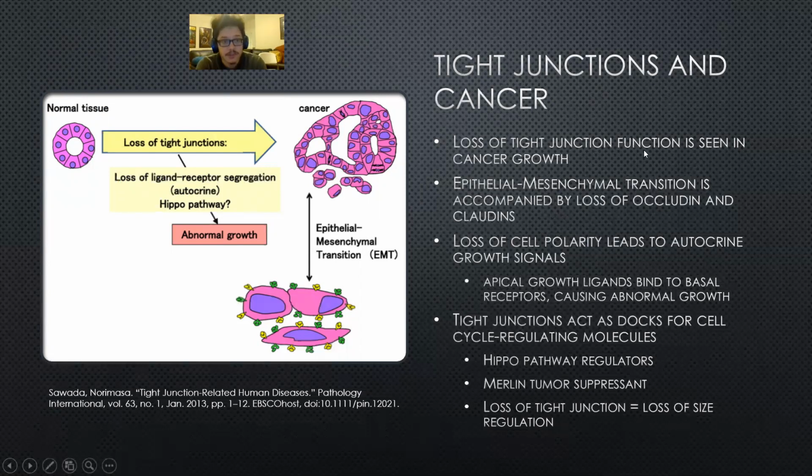Now, mesenchymal cells are cells in early embryonic development that are sort of stem cells that allow cells to move and go where they're supposed to go. But when this happens to cancer cells, that's when we get metastasis and the cancer moving around and growing all over the place. So tight junctions are actually a really important area of study in analyzing how certain cancers that affect epithelial cells are treated.